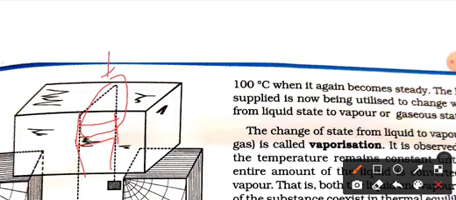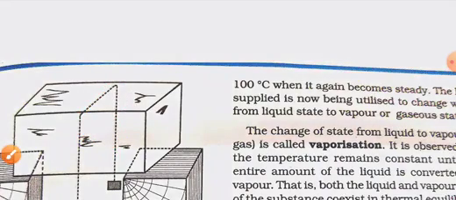So again its melting point will become 0 degree Celsius, but the surface below the metallic wire will feel extra pressure, so its melting point will decrease, and due to that the ice will melt below 0 degree Celsius because it is feeling some extra pressure.